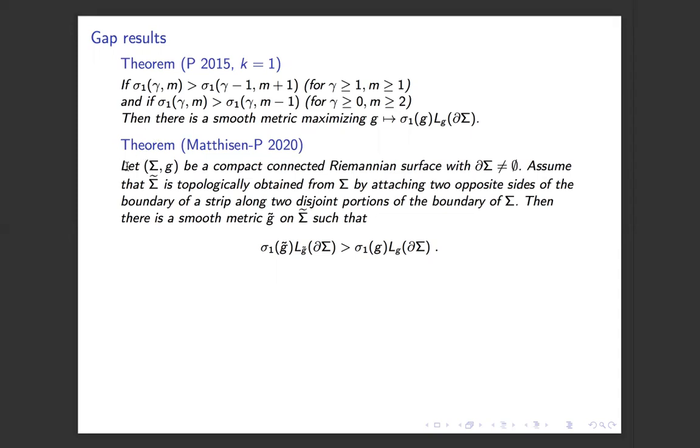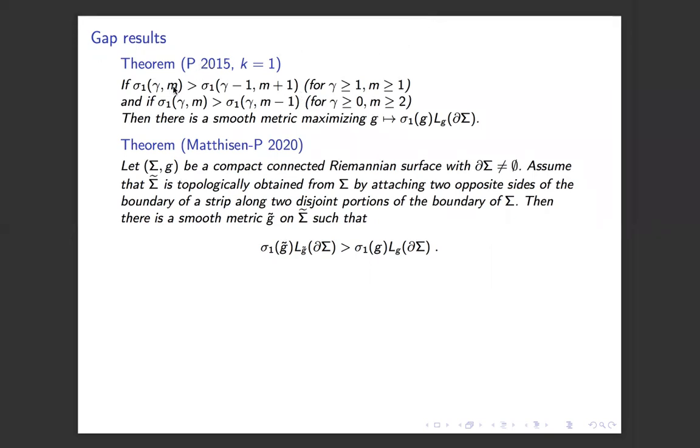It is that if you take a Riemannian surface with some boundary, and if we assume that we have a surface topologically obtained from sigma by attaching two opposite sides of the boundary of a strip along two disjoint portions of the boundary of sigma, then there is a smooth metric G tilde on sigma tilde such that we have the strict inequality.